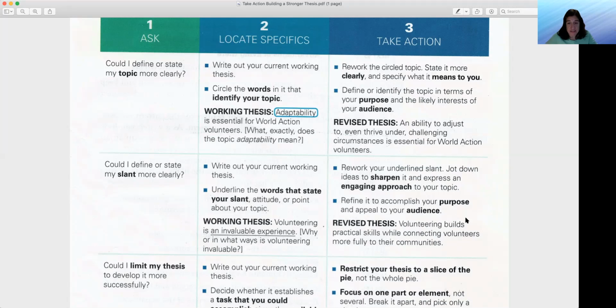So they've revised this, and now it says, volunteering builds practical skills while connecting volunteers more fully to their communities. That's a lot better. That's much clearer than saying it's an invaluable experience. It's actually saying why it is or how it is an invaluable experience.